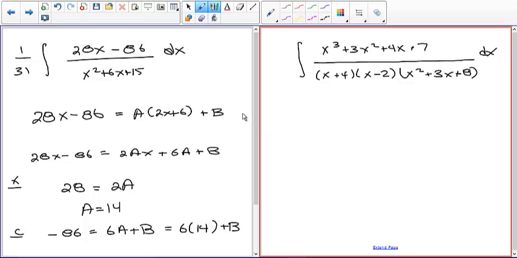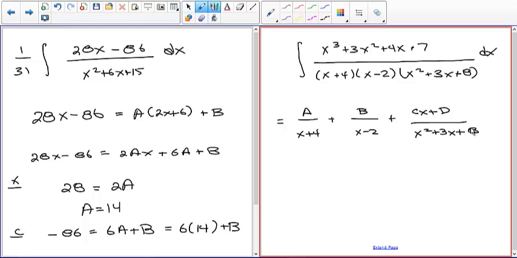But just as the last thing to say today, this is going to be broken up into a over x plus 4 plus b over x minus 2 plus cx plus d divided by x squared plus 3x plus 8. So if you have additional linear terms, not surprisingly, you just add an additional term.